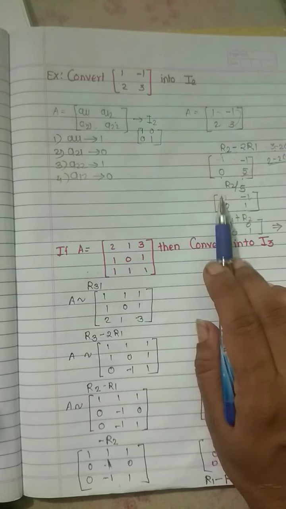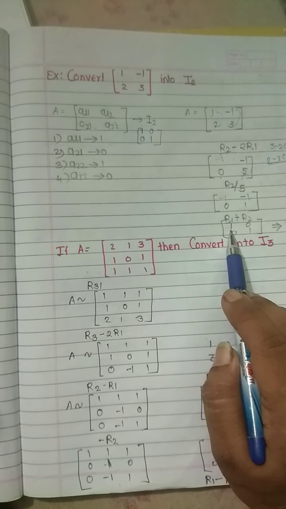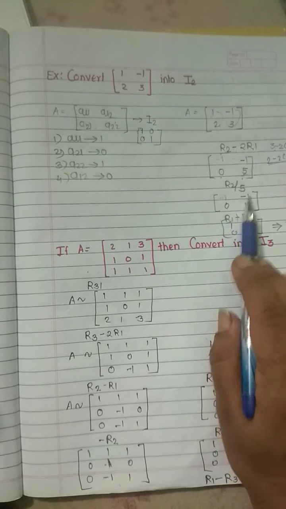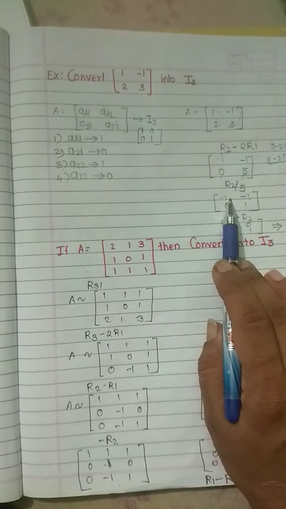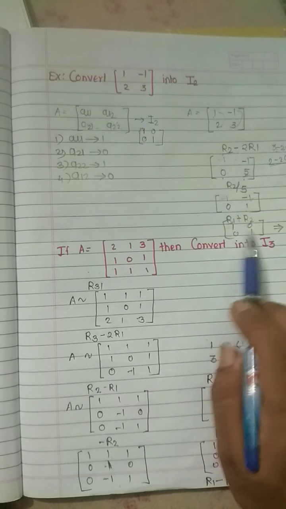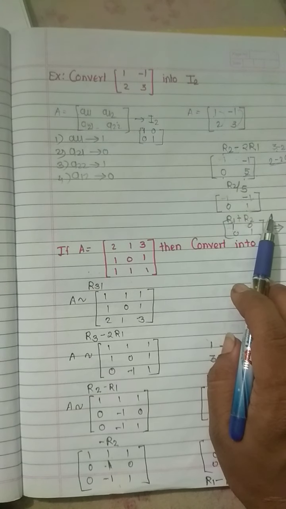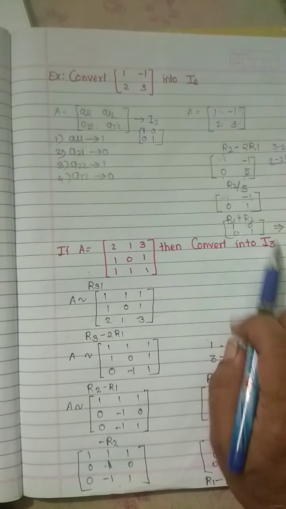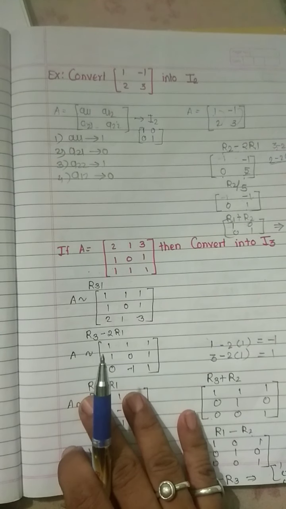First row elements R1 plus corresponding elements: 1 plus 0 is nothing but 1, and minus 1 plus 1 is nothing but 0. Therefore, the converted matrix is written as 1 0 0 1, which is also denoted by the identity matrix of order 2, that is I2.